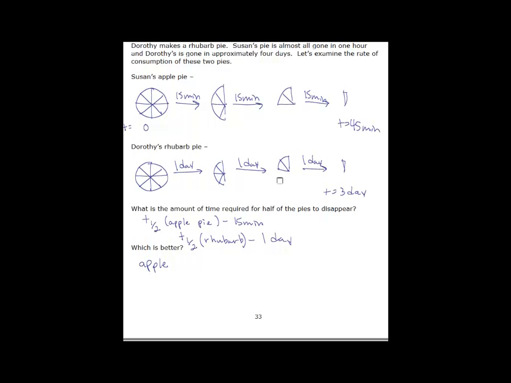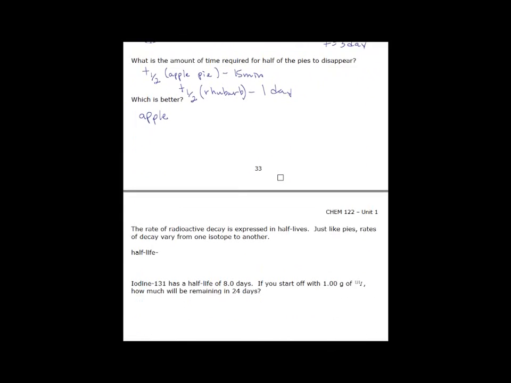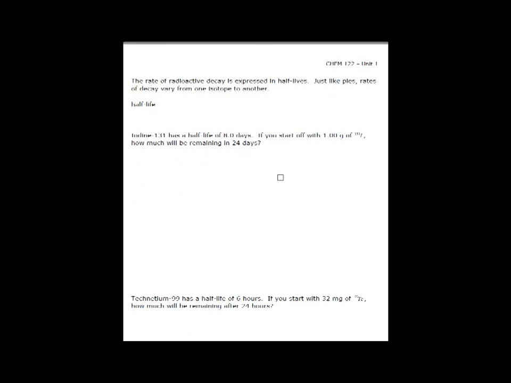So the rate of radioactive decay is a lot like how we just went through this story about the pies. So radioactive decay is expressed in half-lives. So just like pies, rates of decay vary from one isotope to another.